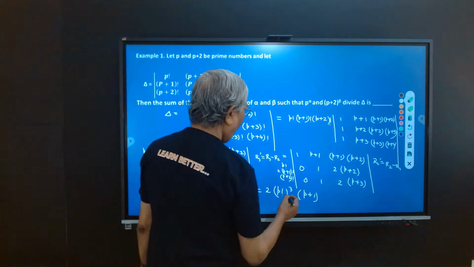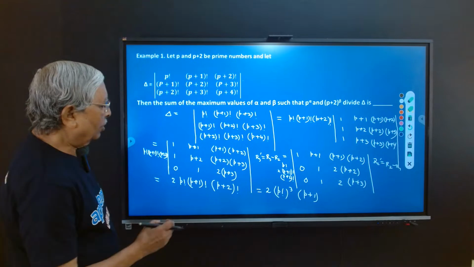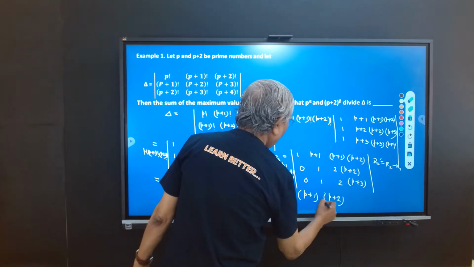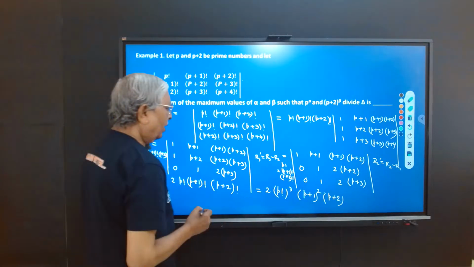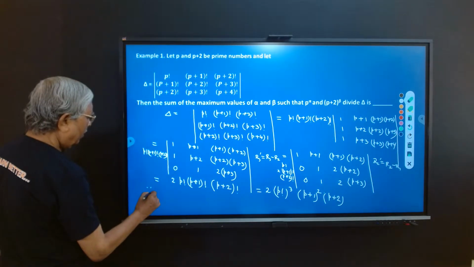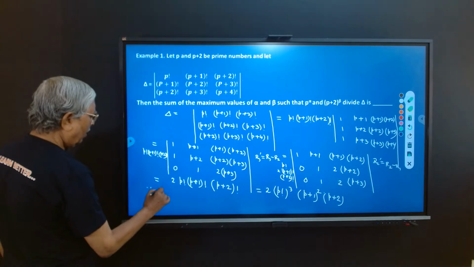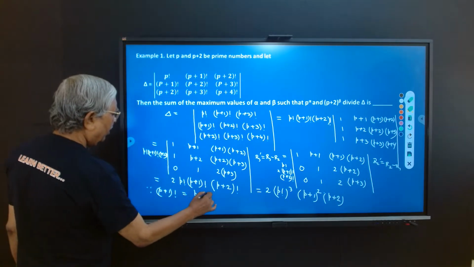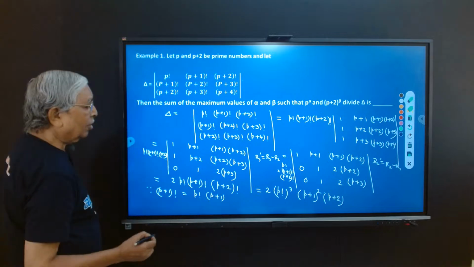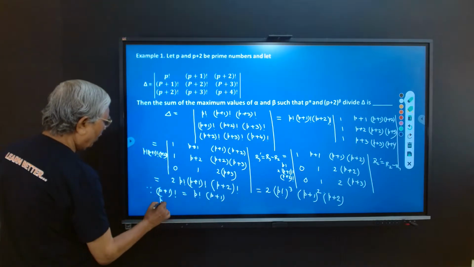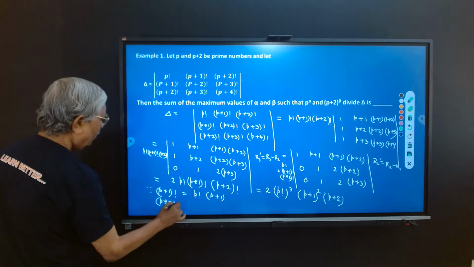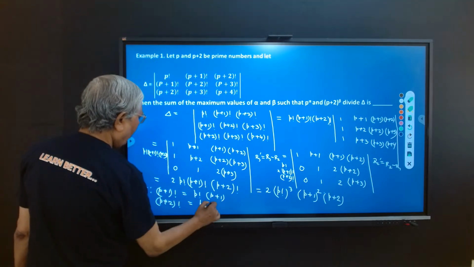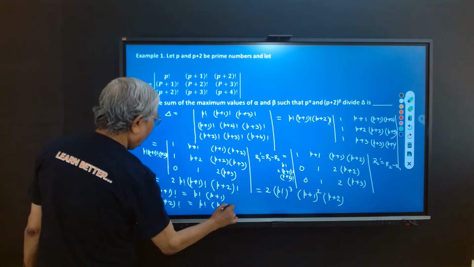And here is factorial p plus 2, which means factorial p into p plus 1 into p plus 2. So this will be p plus 1 whole square.